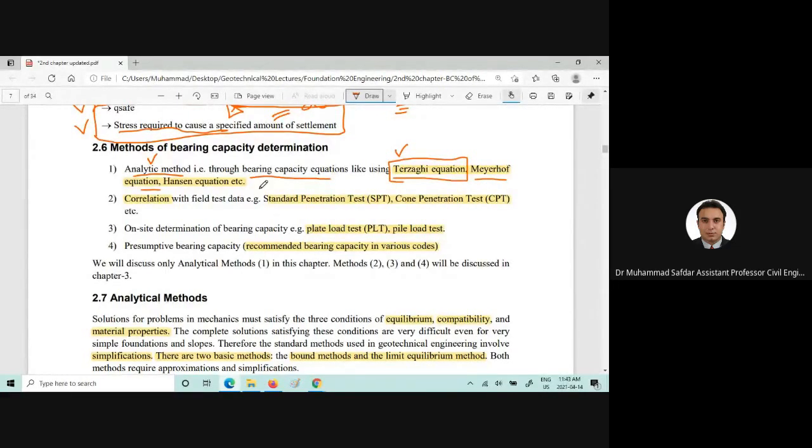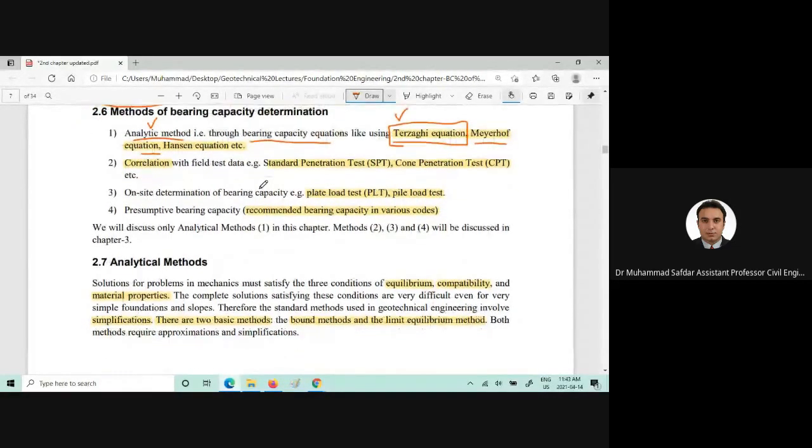There are various correlations which are also proposed by various researchers for different field tests, for example, the standard penetration test and the cone penetration test, to find out the bearing capacity of the soils.